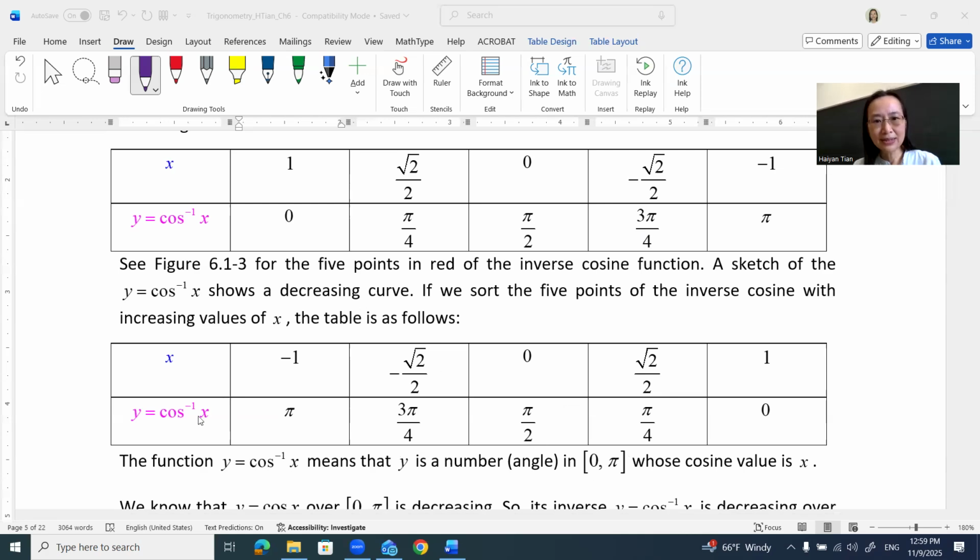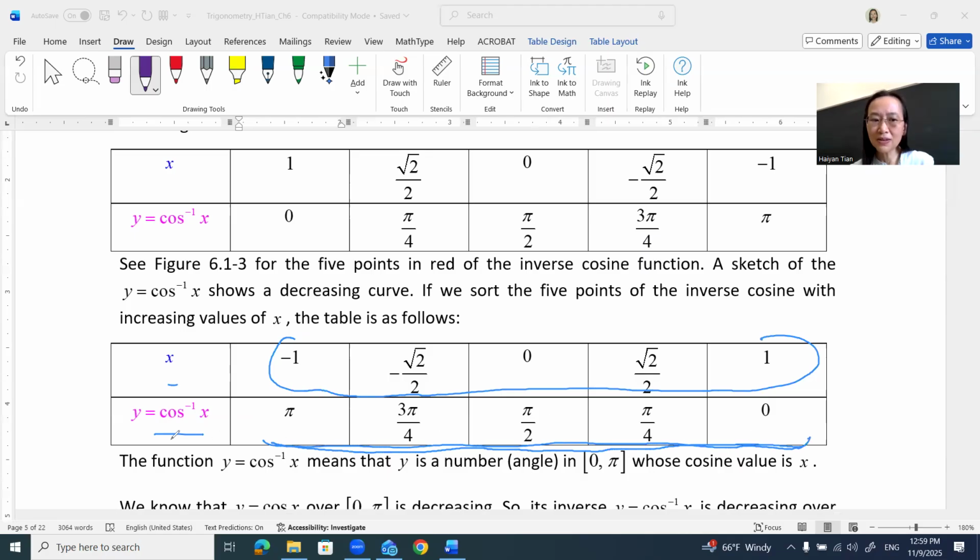But this way we can see a property: for the inverse function, as x is getting larger and larger, the y value becomes smaller, right? From pi decreasing to 0.